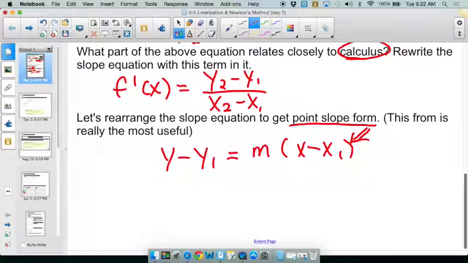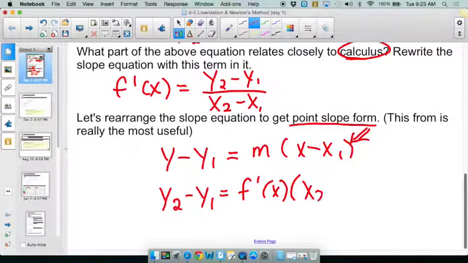So looking at our expression for our slope equation above, if we rearrange this, our point slope form might look like y2 minus y1 equals f prime x times x2 minus x1.